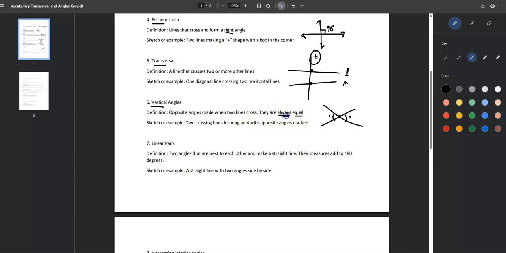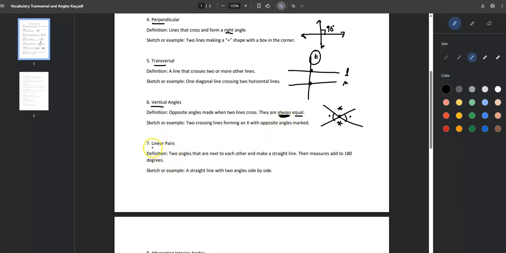That word always is important going forward in this short unit. Every single time that we see vertical angles, they're going to be equal. Same thing with these two angles. They're vertical, and they're going to be equal as well. That happens at every intersection that I have. Those angles that are vertical are going to be equal to each other.